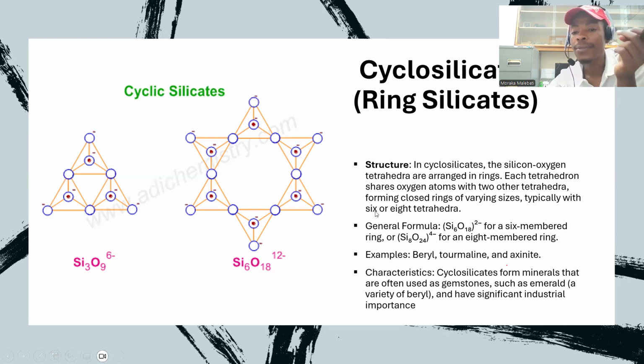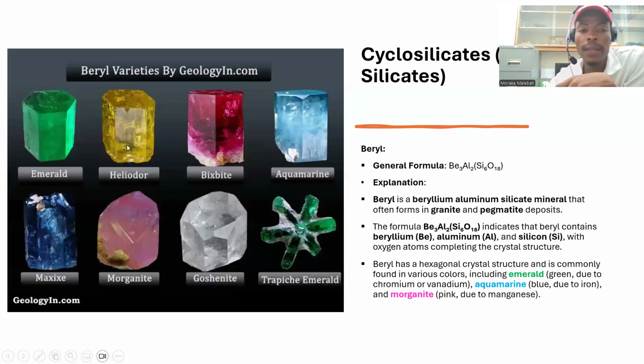All right, and one would wear these minerals either on their necks or with their rings or whatnot. Okay. That is basically the varieties of the beryl. You can see these gemstones. They are eye-catching.